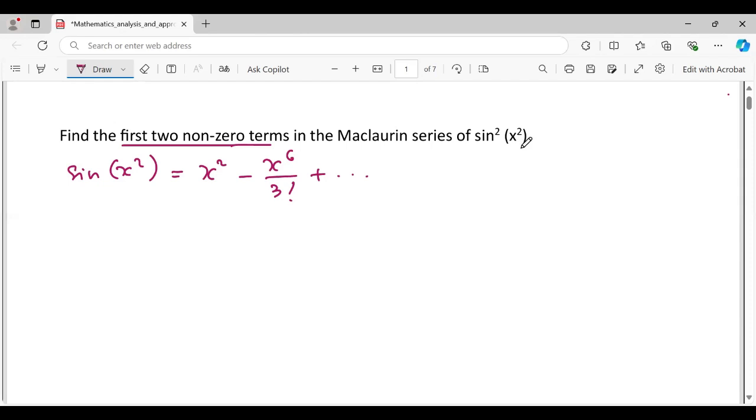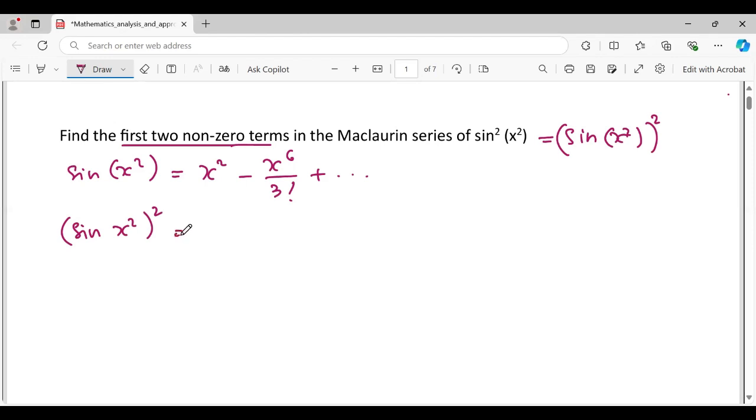So how about sine squared x squared? To find this solution, I'm going to write it like this: sine x squared, squared. So sine squared x squared we can write as (sine x squared) squared like this.